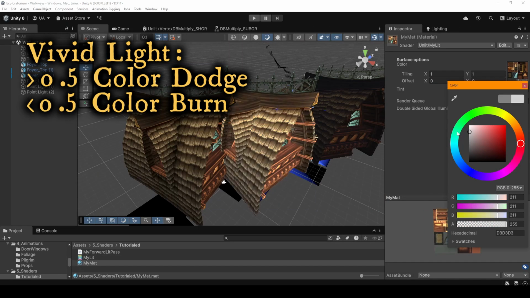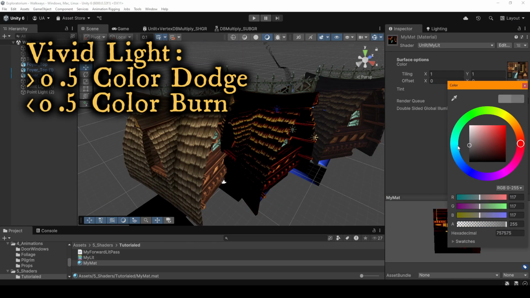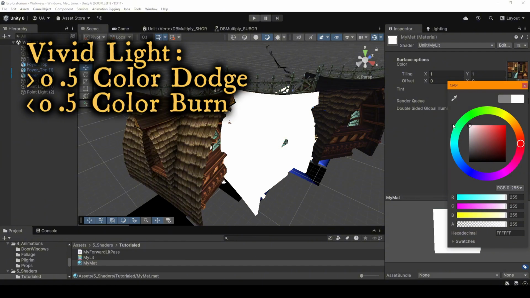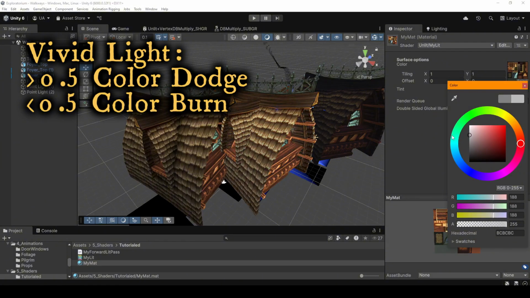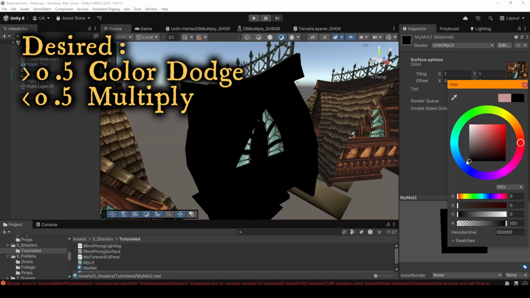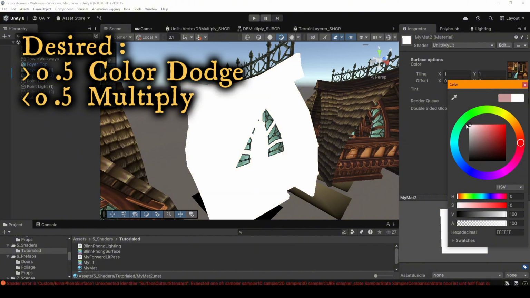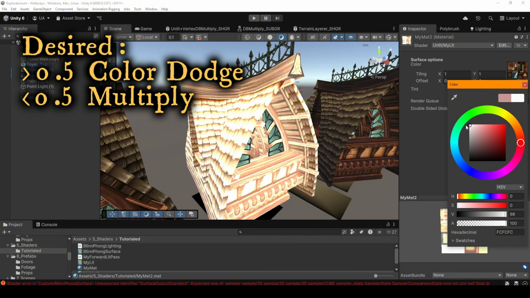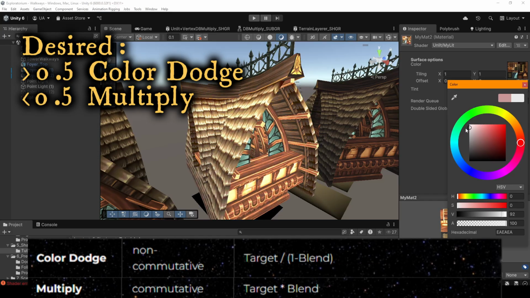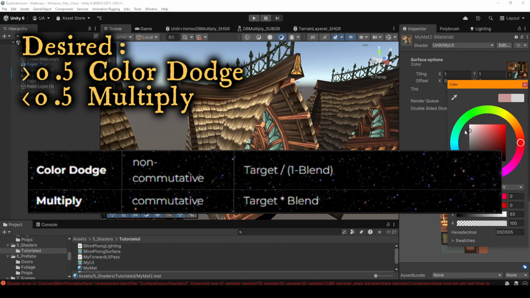On the other hand, there is a mode called Vivid Light, which gives a desired look above 0.5. But I don't like how it burns the shadows when you go below 0.5. So, what I can do is make a Frankenstein out of Vivid Light and hard light. I can take color dodge for above 0.5 and multiply for below 0.5.